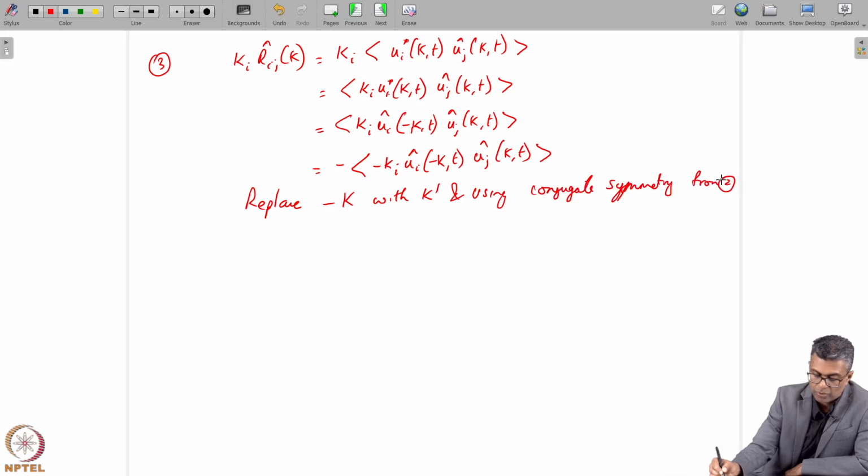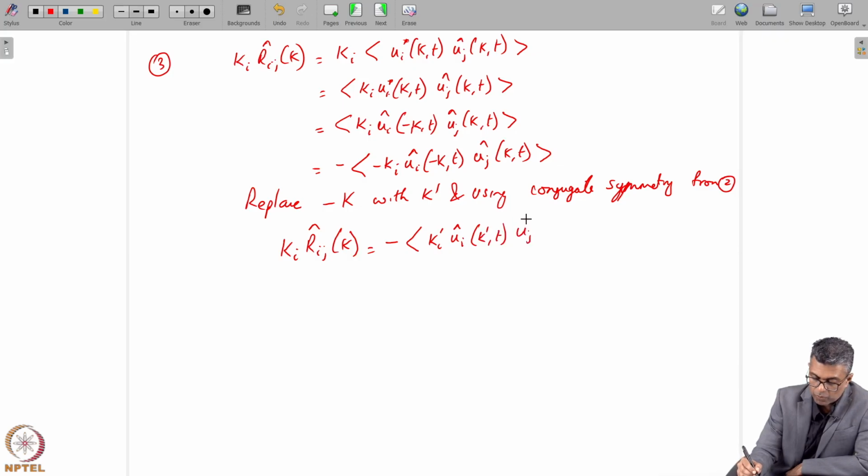From 2, what do I get? I get kappa i Rij hat of kappa would be equal to minus of, okay, here is what happens. I will have kappa i prime because I'm replacing minus kappa with kappa prime. So it's a new wave number, that's all. So then I'll have ui hat of kappa prime comma t, and then uj.